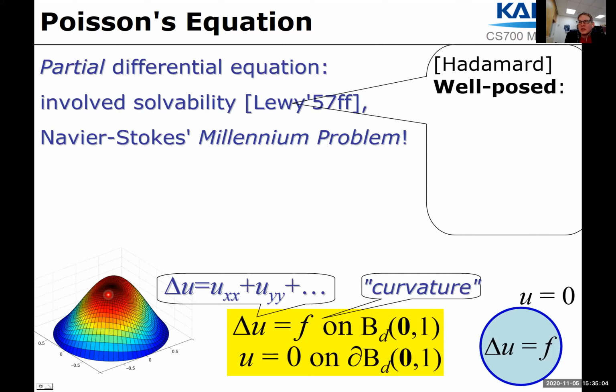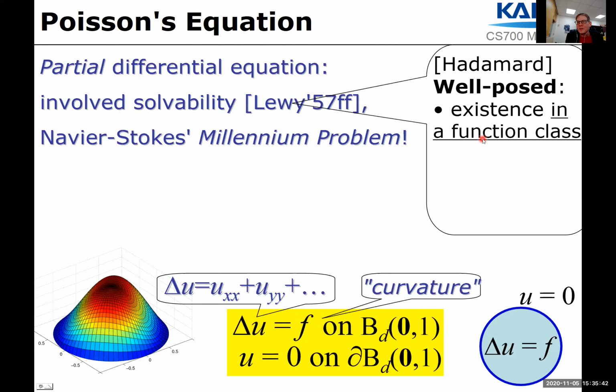So one thing commonly imposed or required is that the problem be well posed in the sense of Hadamard, which means three things. First, there must exist a solution in a certain function class. For example, if the right-hand side is continuous, then we may want the solution u to be twice continuously differentiable, because then differentiating twice according to the Laplace operator will be equal to the continuous right-hand side.